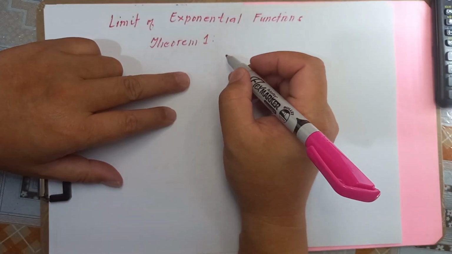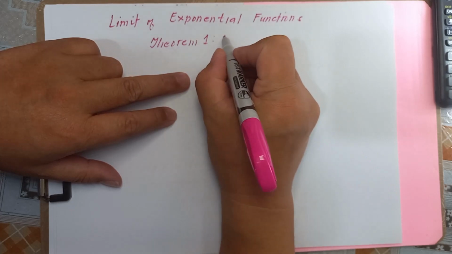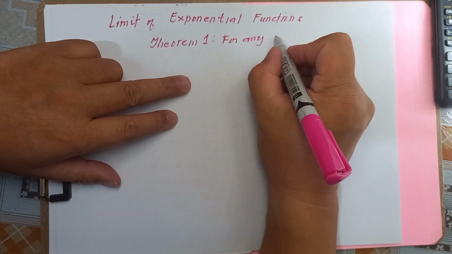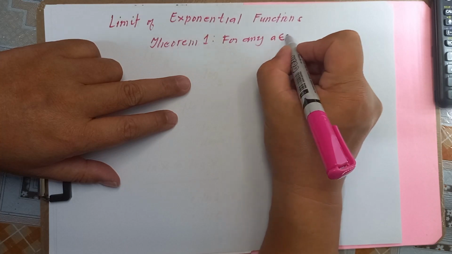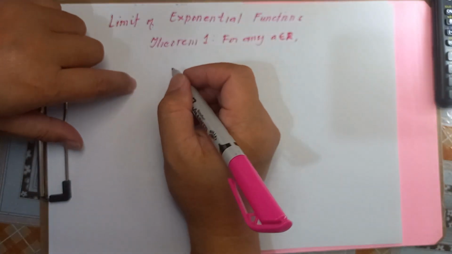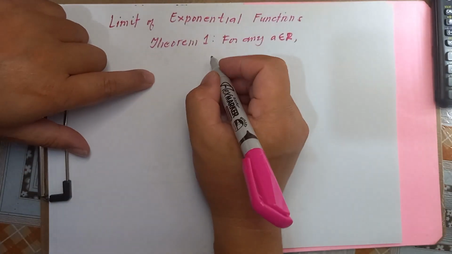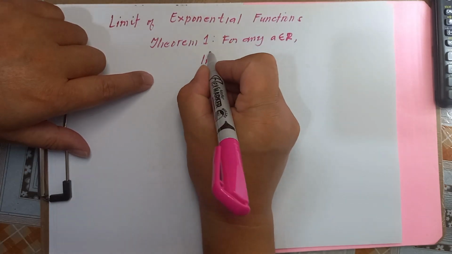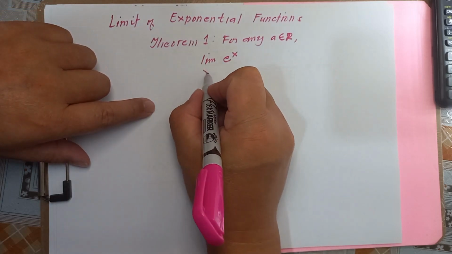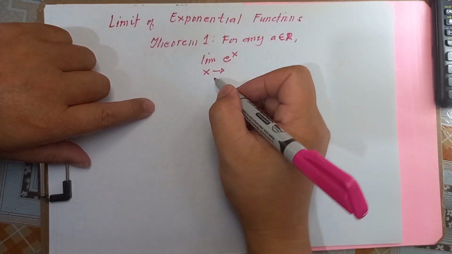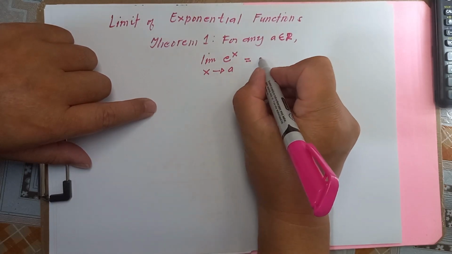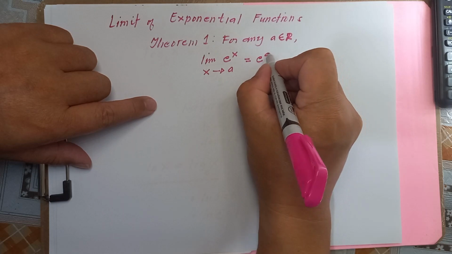Theorem number 1 of the limit of the exponential function says, for any real number a, the limit of e raised to x as x is approaching a will always be e raised to a.